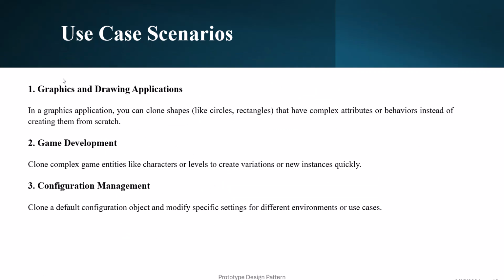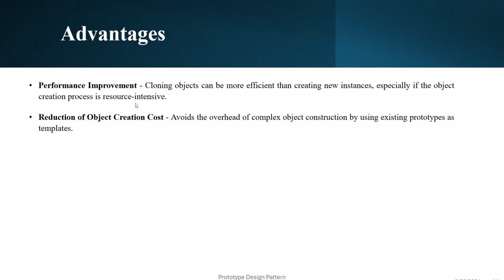Next are some of the generic use case scenarios where we use the prototype design pattern: graphics and drawing applications, as we have already seen, game development, configuration management. The most important advantage is performance improvement, because we are cloning the objects, not creating new objects from scratch, which is more efficient than creating a new instance, especially if the object creation process is resource intensive.